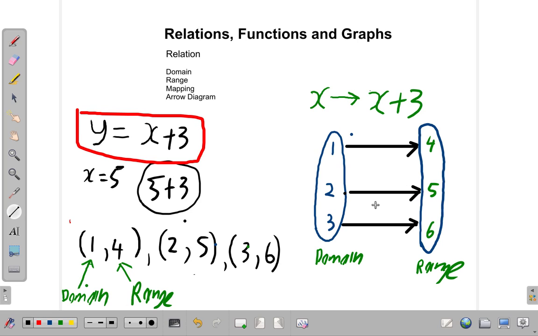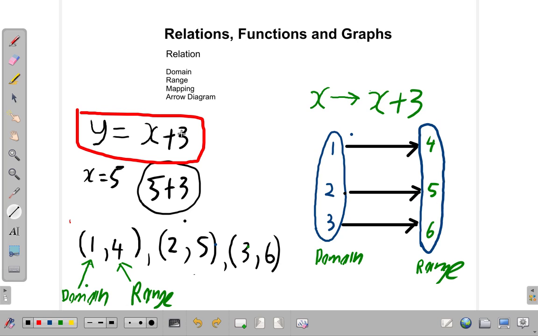This is what you call the arrow diagram, and it shows a mapping of one set of numbers onto the next set of numbers, a mapping of the domain onto the range. So there we have it. We have our arrow diagram here, and this x arrow x plus 3 is one way to write down a mapping relation. All right?